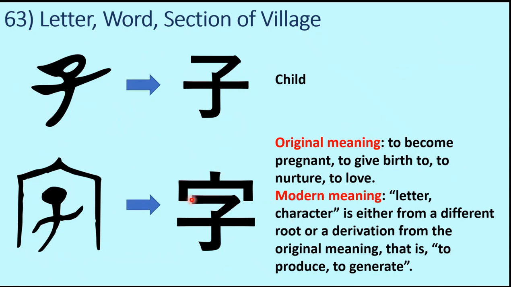Since this symbol represents to produce or generate, as it is used to represent pregnancy, this has been extended to letters and words also, because these are the building blocks of a language. Letters, words, characters, these are building blocks of a language. That means these produce a language or a script. That's why this symbol is used for letter and word as well. So this is how this symbol has been formulated to represent all these meanings.